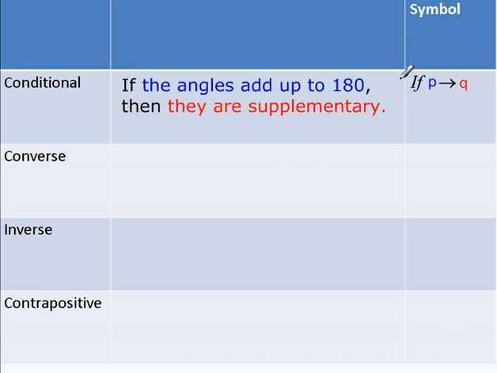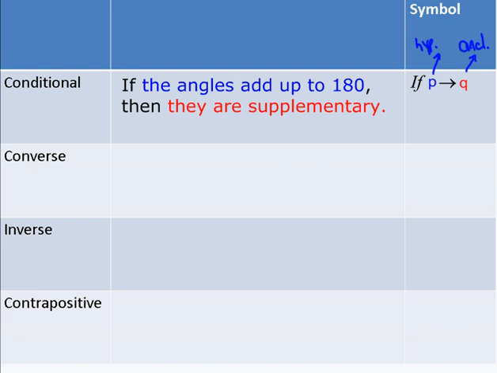It has what we call a hypothesis, which in this conditional is labeled P. And it has a conclusion, which you see here in red, and it's labeled by using the letter Q. So the conditional is symbolized in this way: if P, then Q. That's the general form of a conditional.